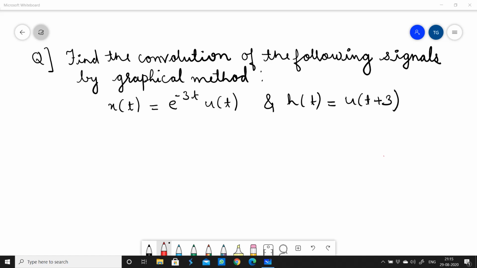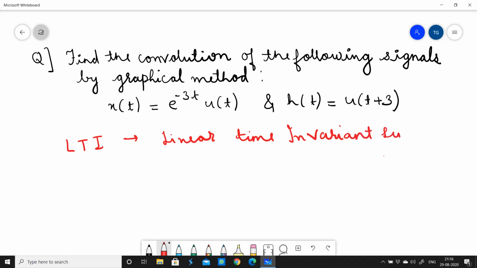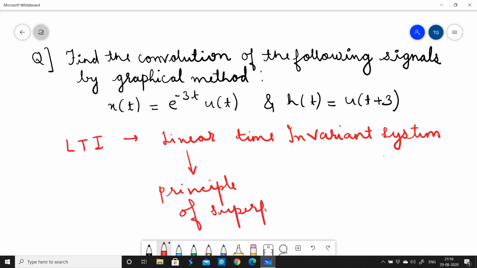So what is an LTI system? It is nothing but linear time invariant system. So linear means the system is obeying principle of superposition, and time invariant means the output signal is following the same time as that of input signal.